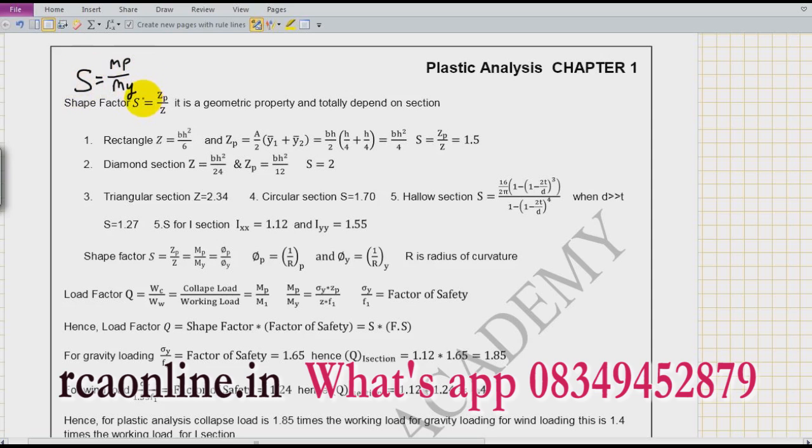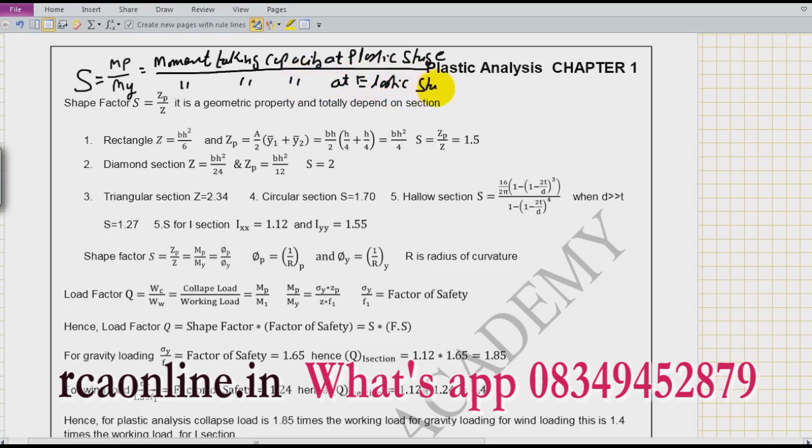That is the definition of MP and My. So shape factor is the moment taking capacity at the plastic stage divided by the moment taking capacity at the elastic stage.